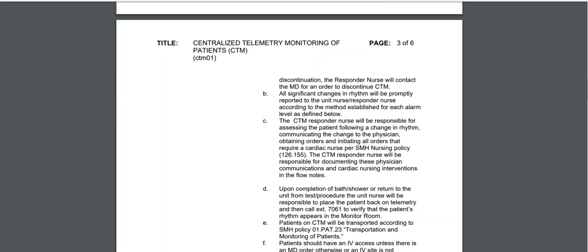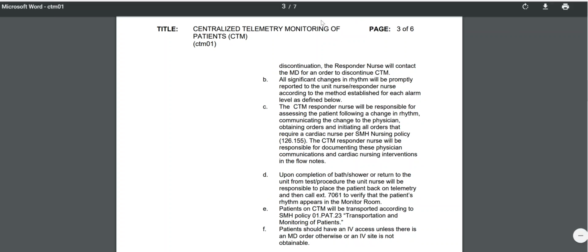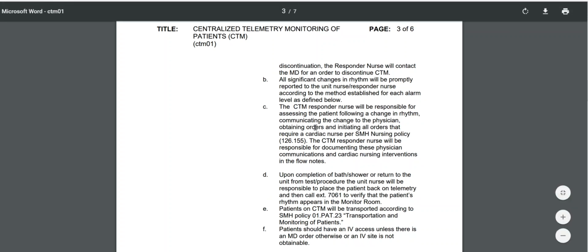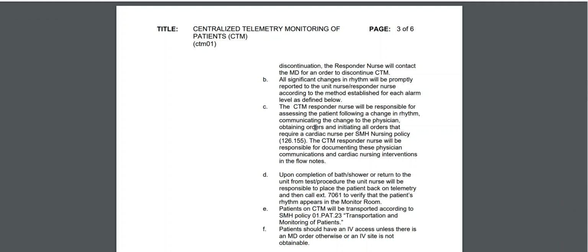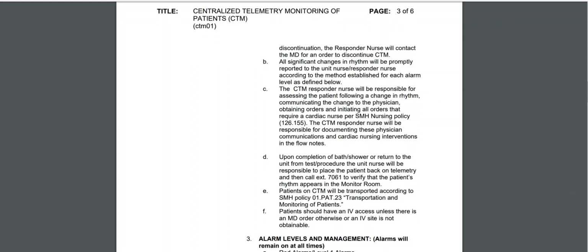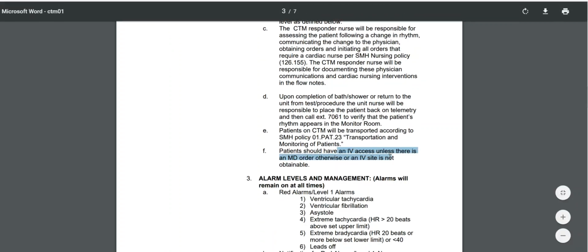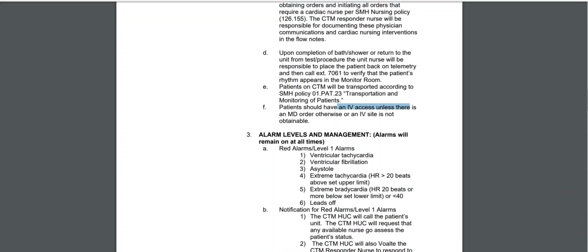The other thing that the nurse would be responsible for is providing patient education to include the client in notifying if they're experiencing symptoms that could be associated with dysrhythmia and how to report that to the nurse that is caring for them. Because they are telemetry patients, they must have IV access. If they don't have IV access and they have a life-threatening dysrhythmia, you're not going to be able to intervene.